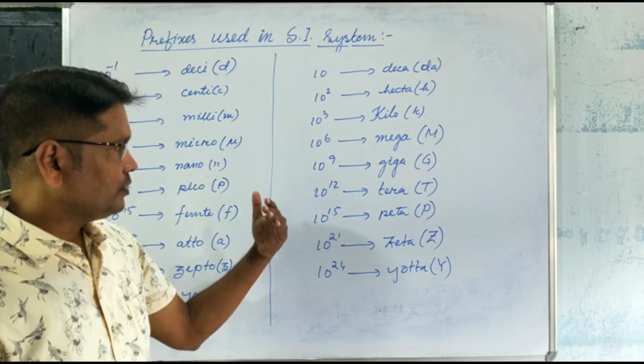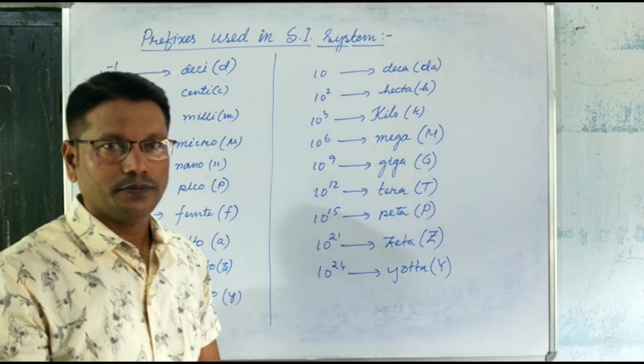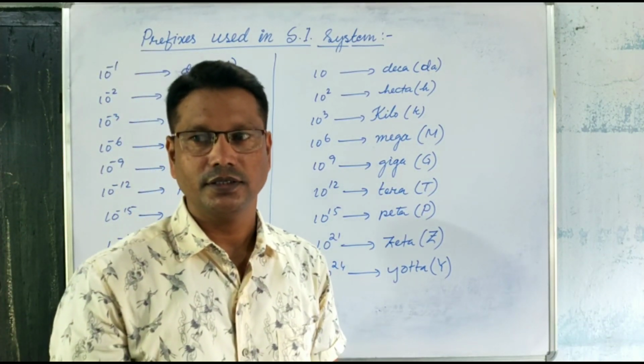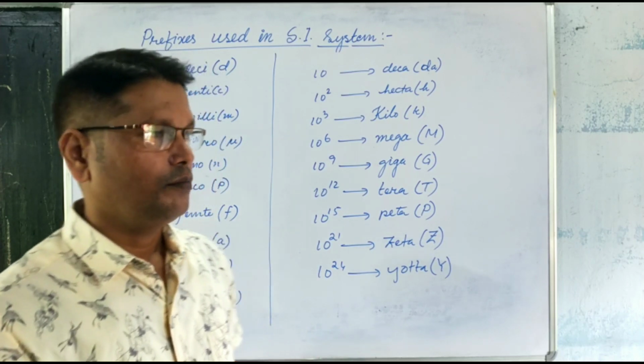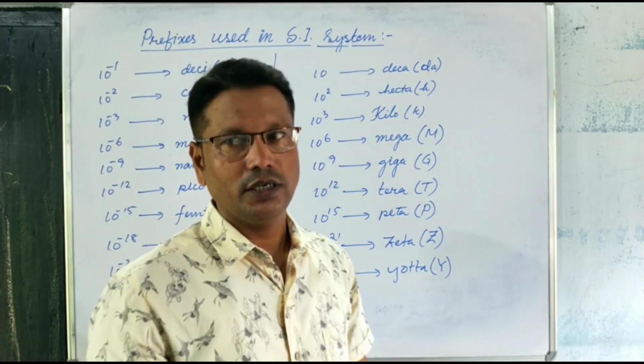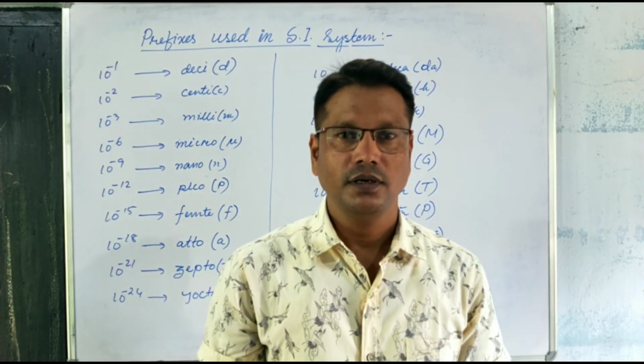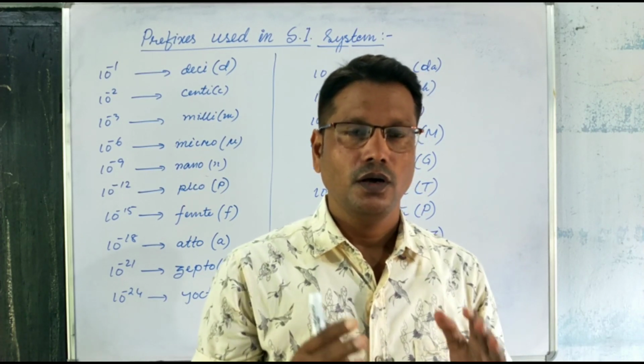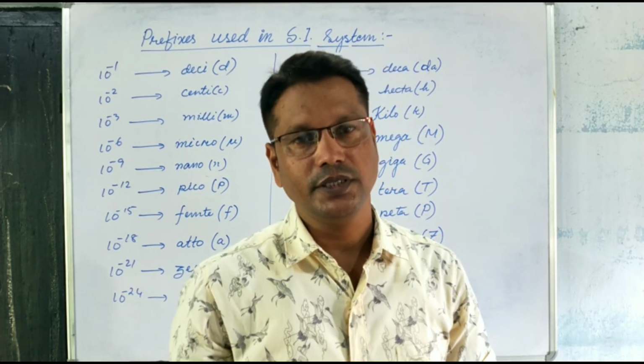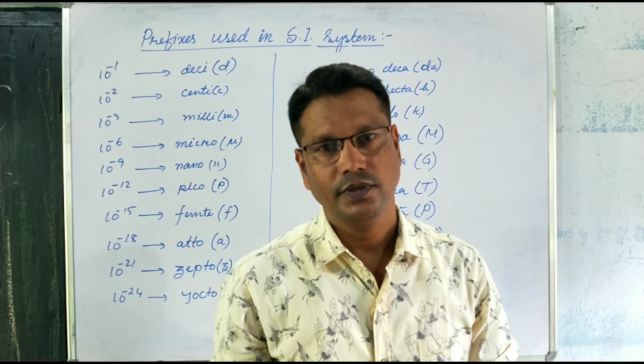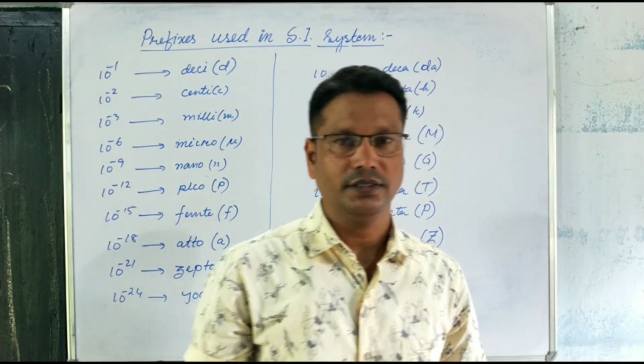So these are given in a table in your textbook, and you need to memorize the prefixes, because sometimes we need to express the value of the measurement of a physical quantity with the help of these prefixes.